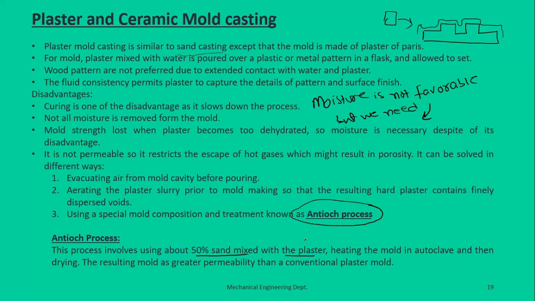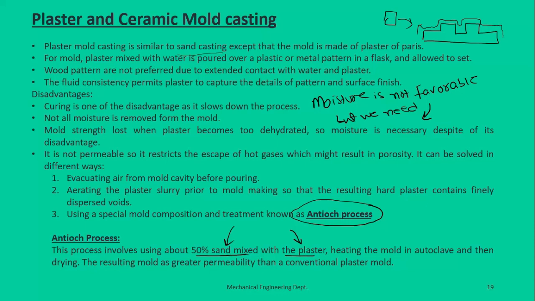So we have the surface finish of the plaster with some permeability of the sand. So we end up having the advantages of both sand and plaster. So this is the end of the types of expandable mold casting.